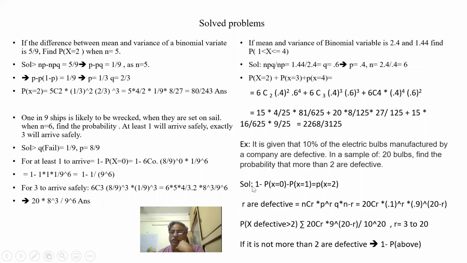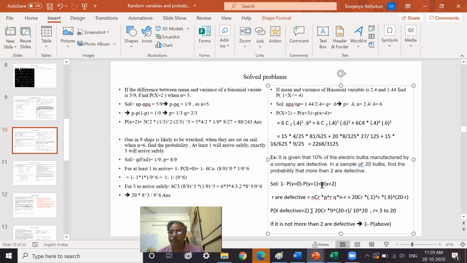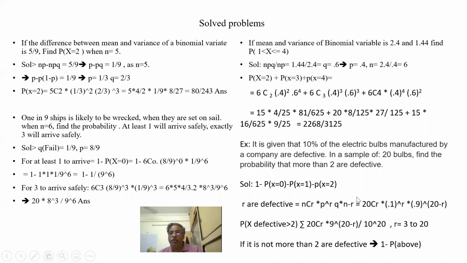Or what other way can I do? 1 minus P(x is 0), P(x is 1), P(x is 2). These 3 I have to subtract, then I will get the probability that more than 2 are defective.